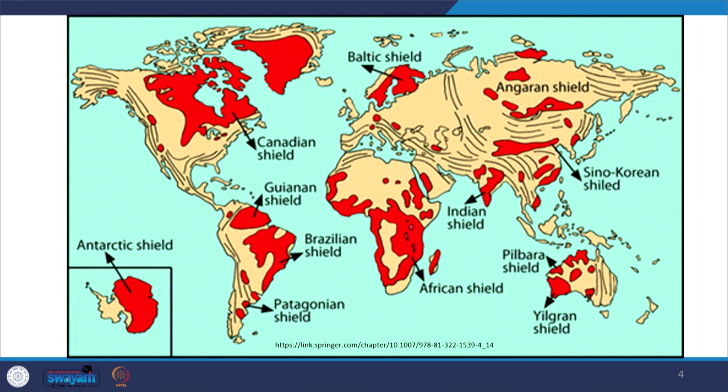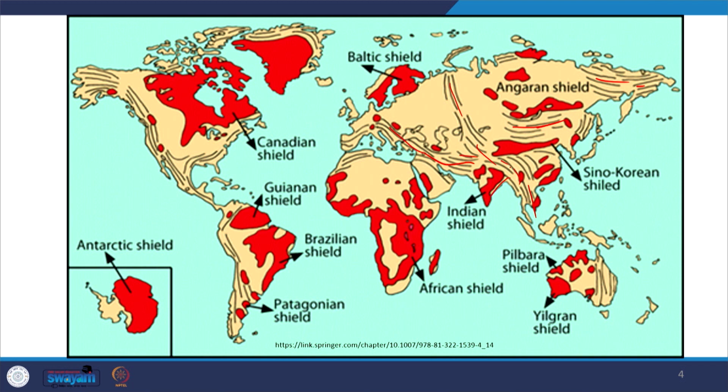If you see the world map, there are two types of region. One is called shield area, another is called mobile belt. Here, these lines are representing the mobile belt. Mobile belt means tectonically active regions.